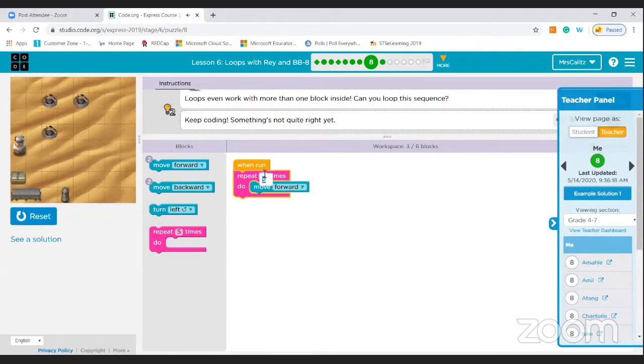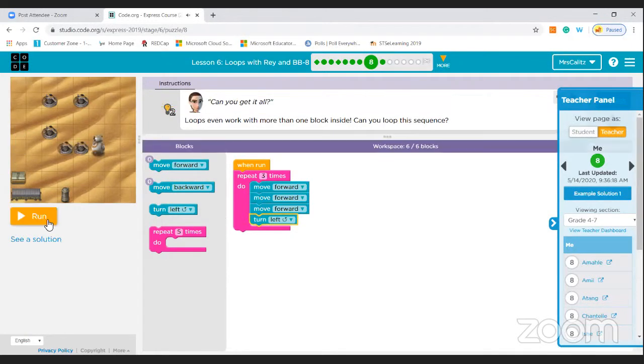Okay, 3 times Gao says. Okay, and then what should happen after that 3 times? Gao is saying 4. So I'm a bit confused now, guys. So I should move forward 3 times, and then I should turn left or right. Let's run the code again and see.